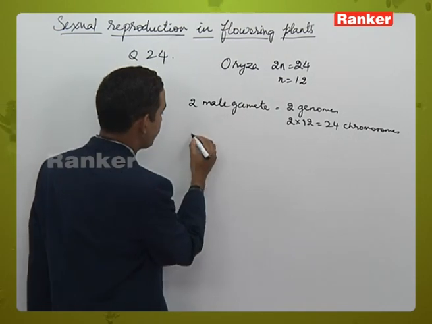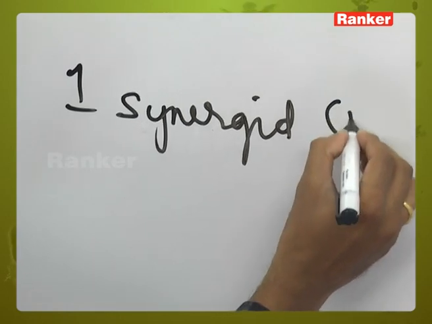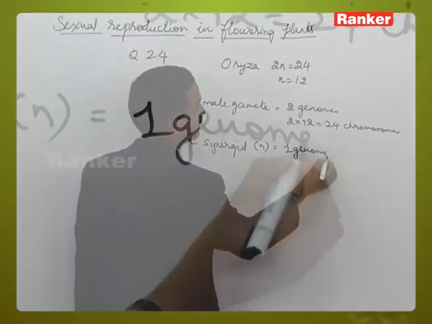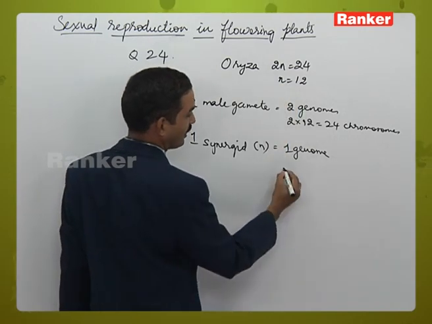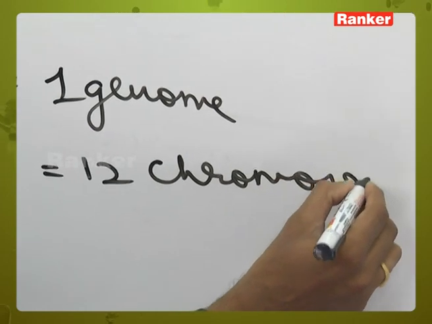Then the second one is 1 synergid. This synergid is haploid, so it contains 1 genome. Each genome contains 12 chromosomes, so the number of chromosomes here is 12.